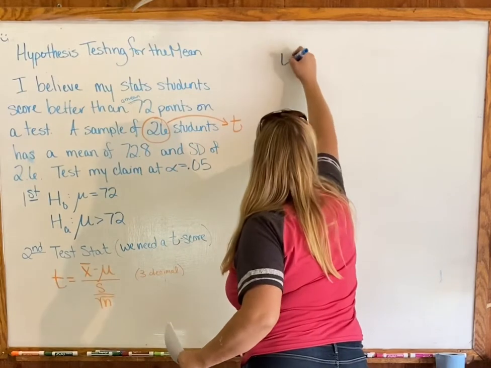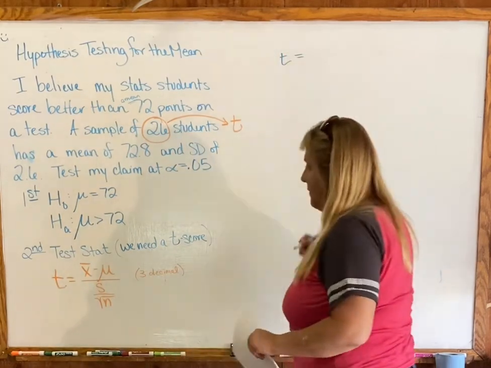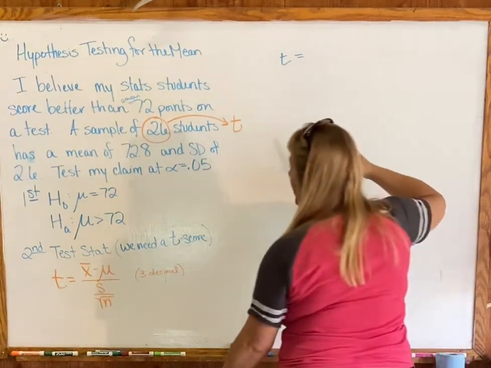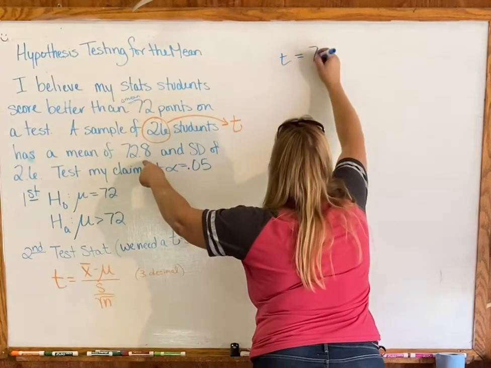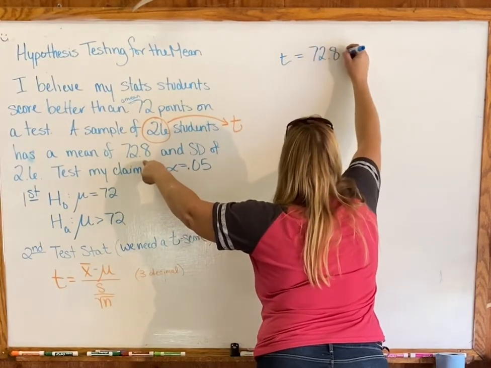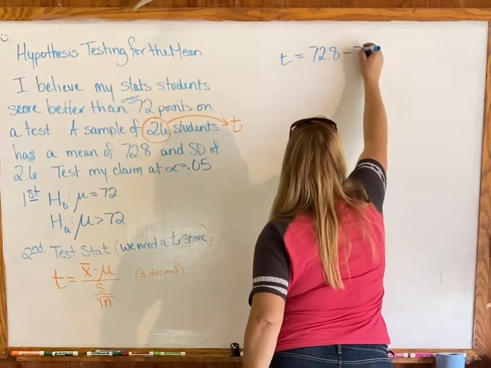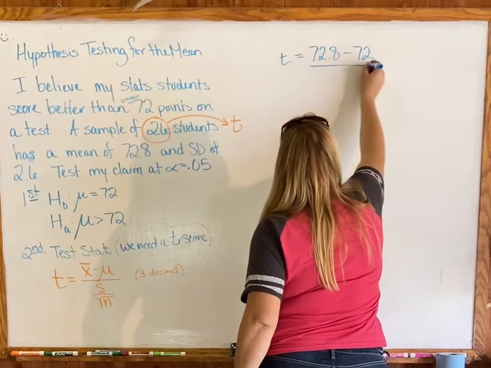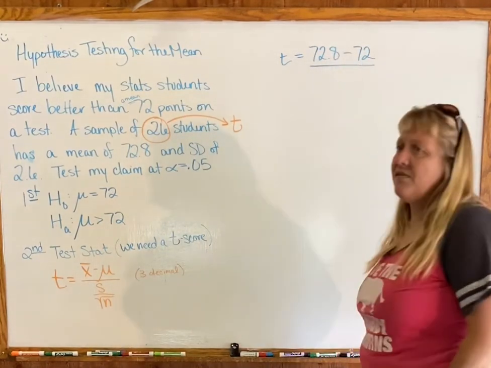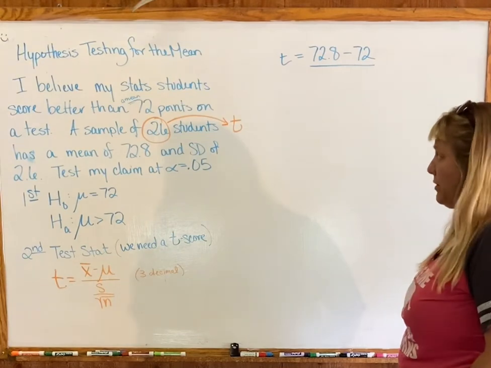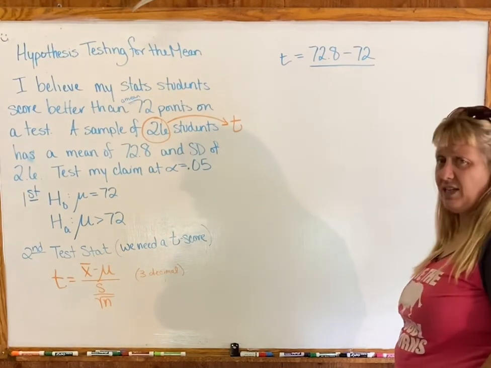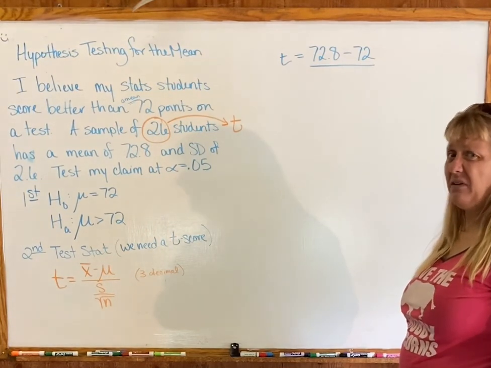So we'll start with t equals, and we start with our sample mean, so that's going to be the 72.8, minus the original, which was 72. Now again, I want you to look at those two numbers. 72.8 is definitely bigger than 72, but is it bigger enough?